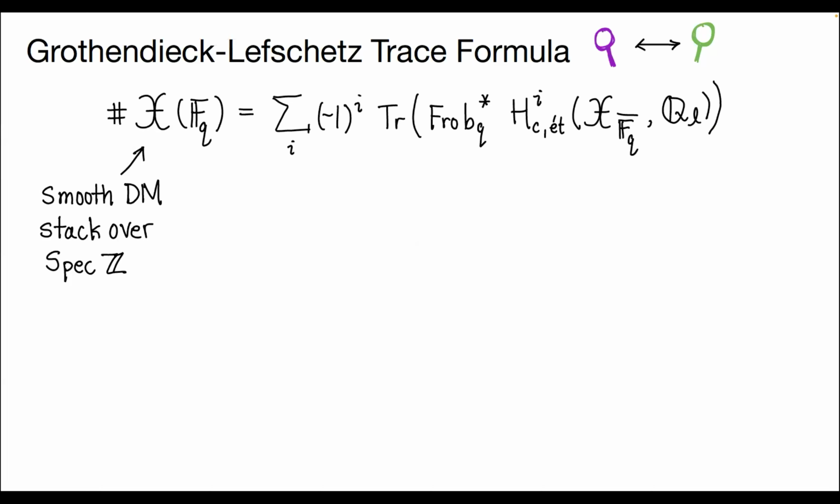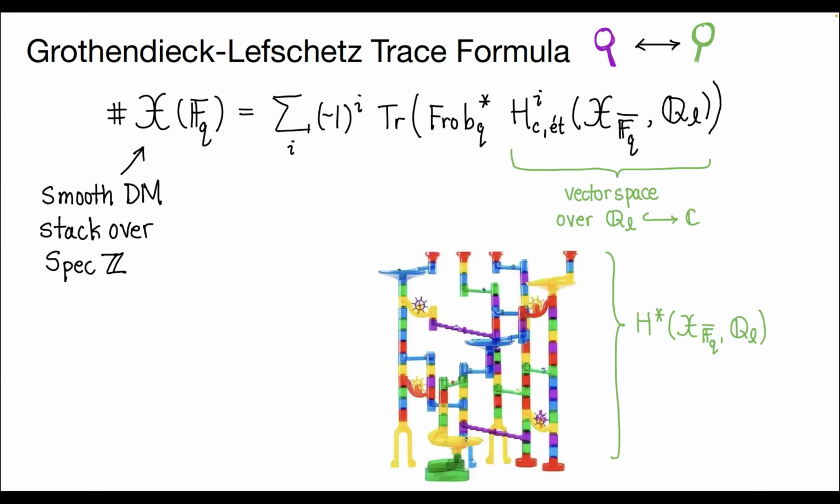So let's unpack this formula a little bit if you haven't seen it before. This is just a vector space over Q_l. And if you like, you can picture it as this marble run. And we have an endomorphism called Frobenius. It's going to give us a linear transformation that acts on our cohomology.